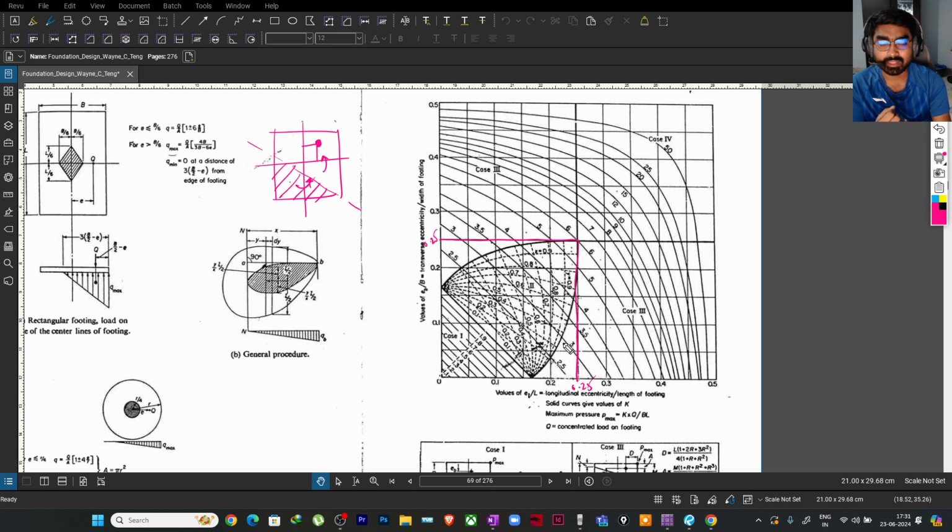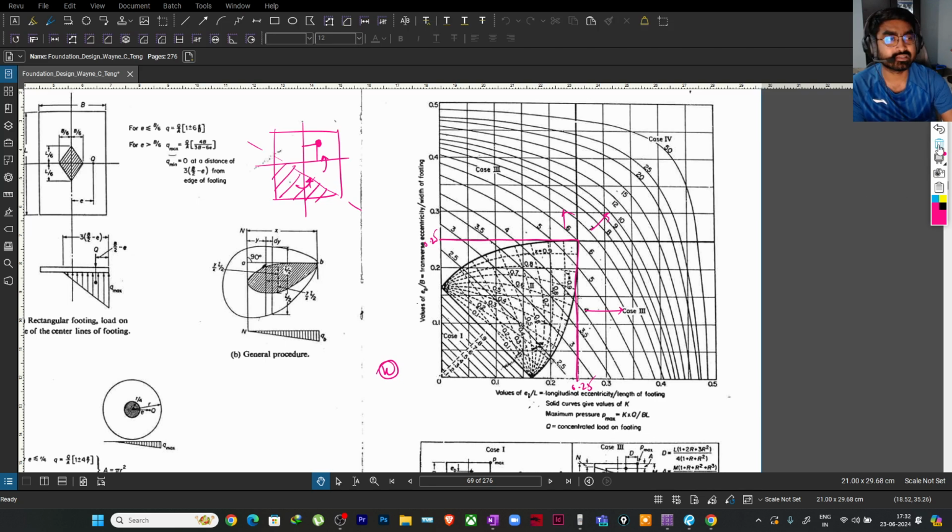This is the line denoting 25%, so beyond this we do not allow. These are the modification factors for the pressure. From there you find the K value and multiply it with our pressure, and then you get the modified pressure. This thing we will see later.